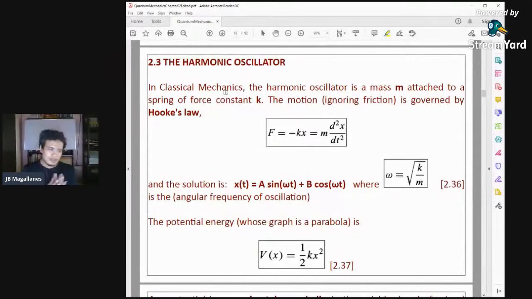There are two ways to solve the harmonic oscillator. What is a harmonic oscillator, by the way? In classical mechanics, you have a mass connected to a spring fixed at the wall. For example, the spring and mass system hanging from the ceiling. If you disturb the mass by pulling the spring and then releasing it, the mass will vibrate up and down.